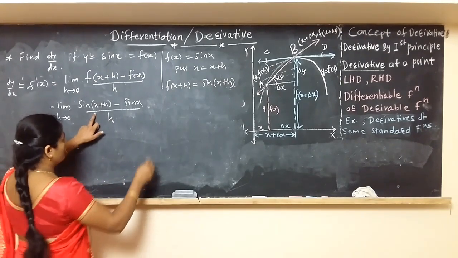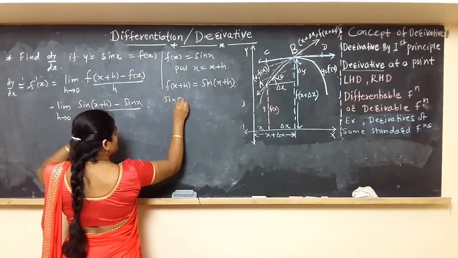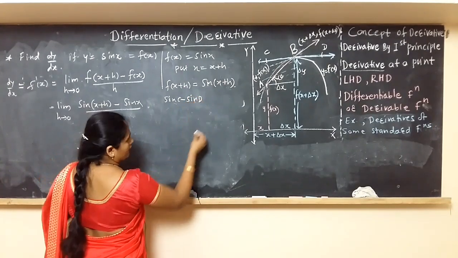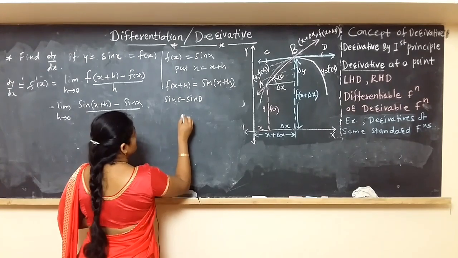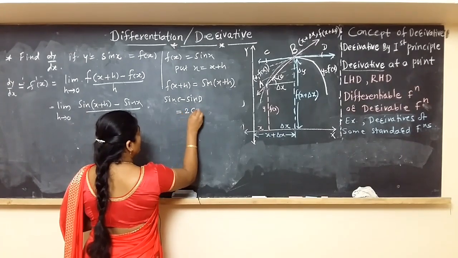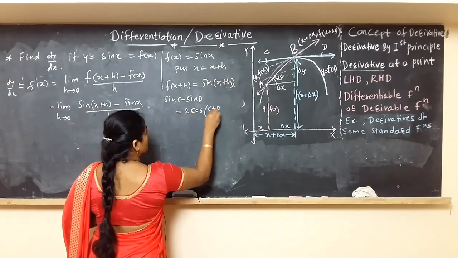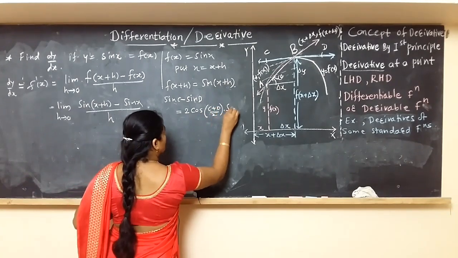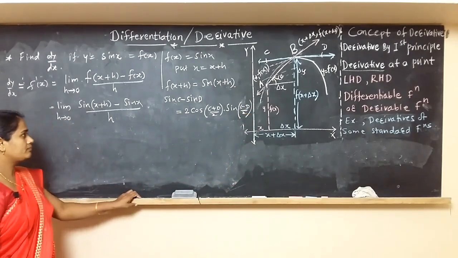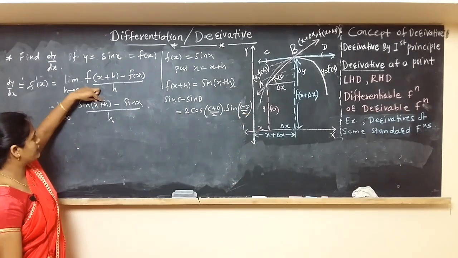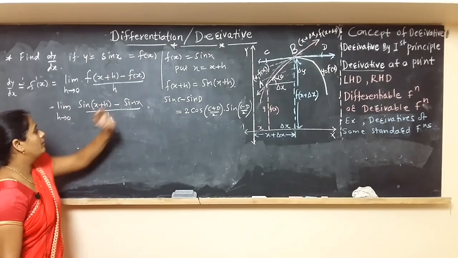Now we require here one formula for sin c minus sin d from factorization. So sin c minus sin d is given like this: 2 times cos of c plus d by 2 into sin of c minus d by 2. So here c is nothing but x plus h, d is nothing but x.